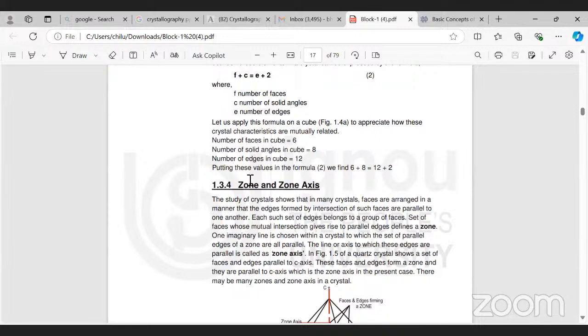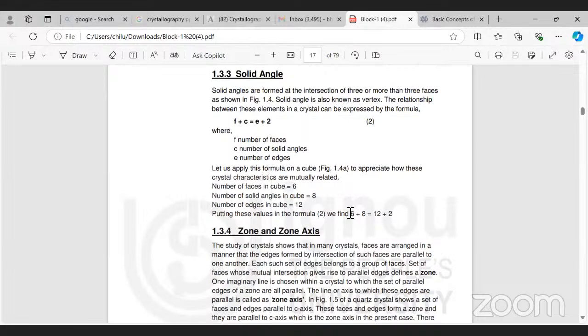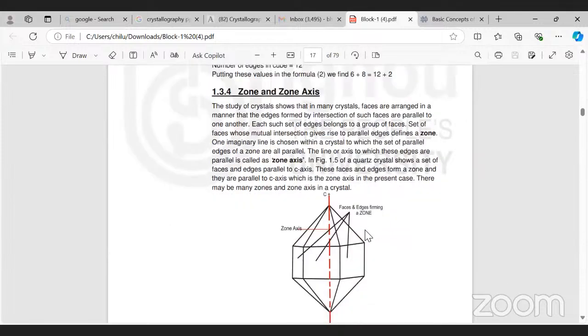So here we will get equivalent values: 8 plus 6, 14, is equal to 12 plus 2, which is 14. So the values should be equal. If you are not getting equal values, maybe something is wrong. Further on you will learn about that.